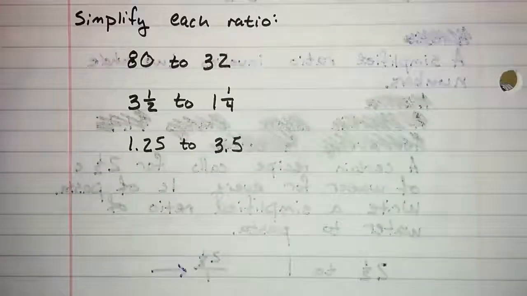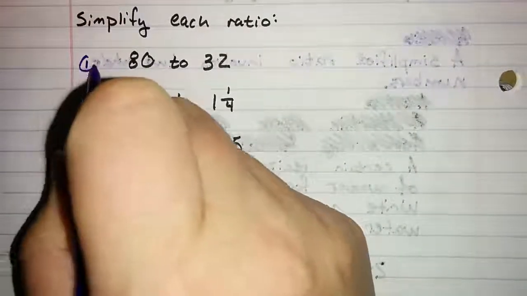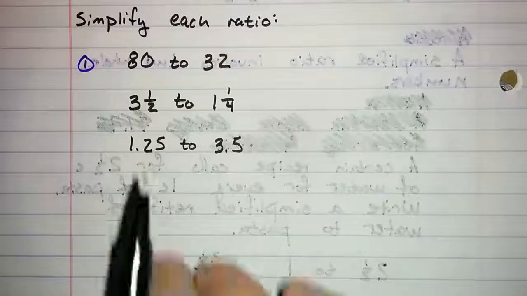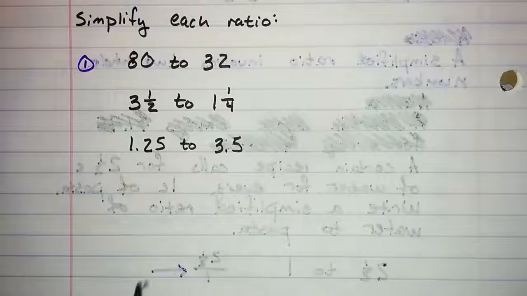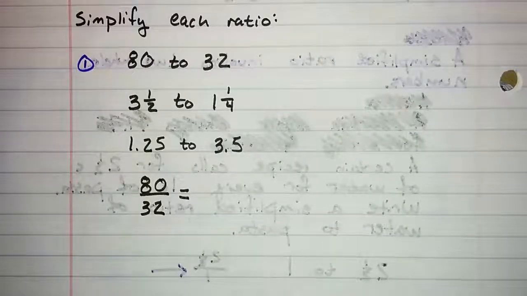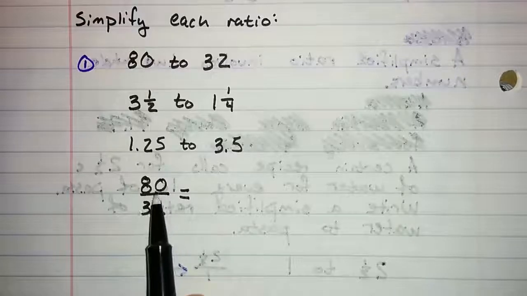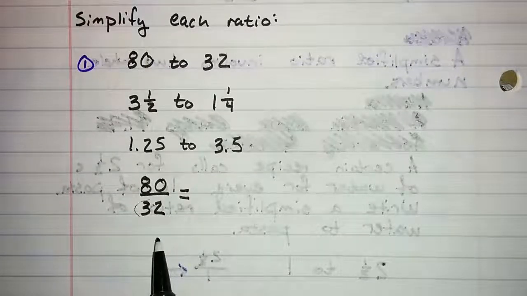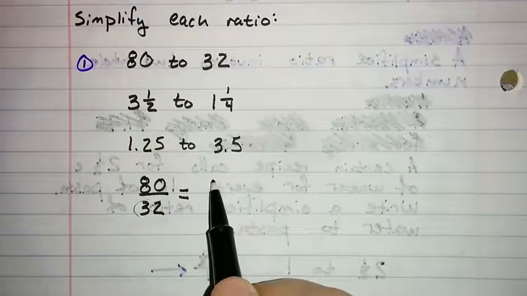Alright, so the first one only involves whole numbers. So I will need to just find common factors of 80 and 32. The thing I spot right away is that 8 goes into both of them. 80 is obviously a multiple of 8. 32 shows up in the 8 row of my multiplication table.